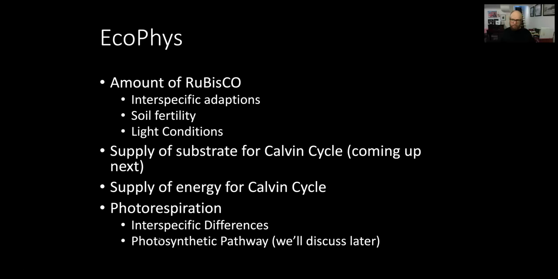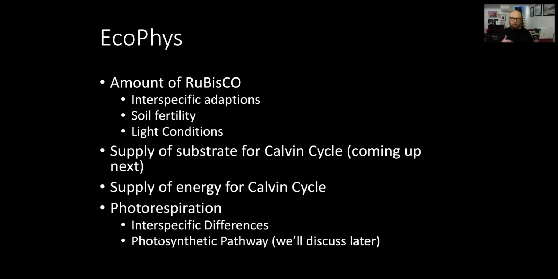And then certainly light conditions are going to affect the amount of Rubisco, because nitrogen is such an important part and it's a relatively hard thing for a plant to get. If you're a plant in a low light environment, you don't want to invest a lot of your nitrogen into Rubisco, because there's not going to be enough energy to drive the processes that Rubisco performs.